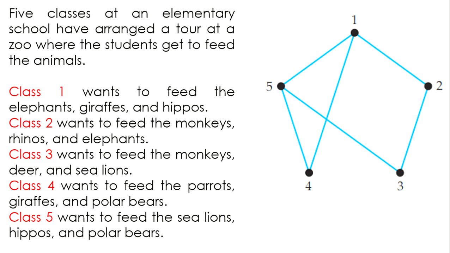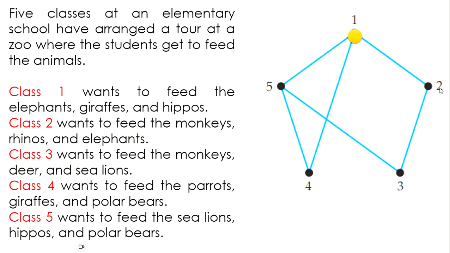So now, in this case, we're going to identify its schedule, and we're going to have the same color if they don't have connections. For instance, for class number 1, let's say we color it yellow.